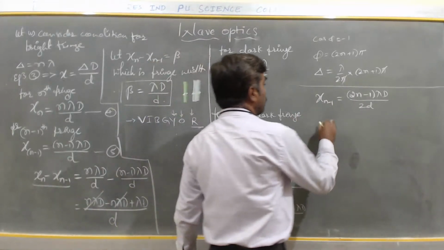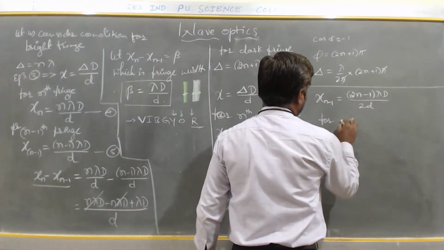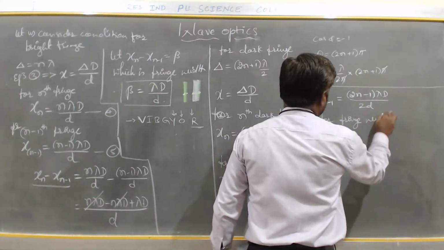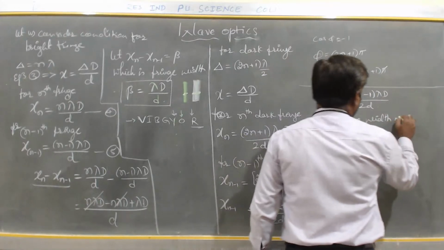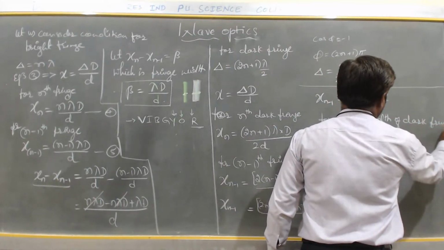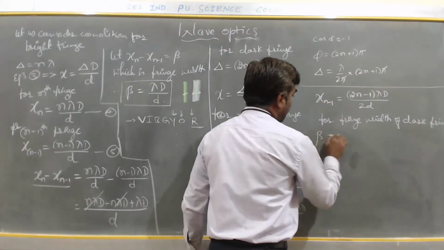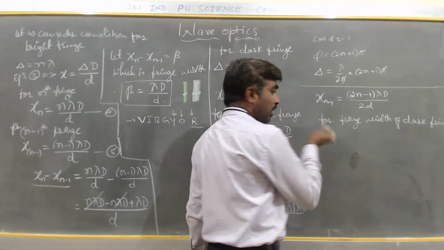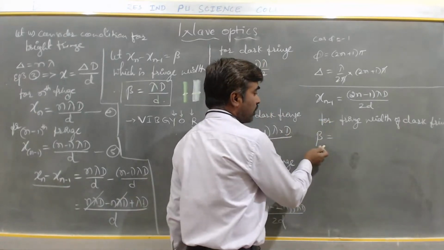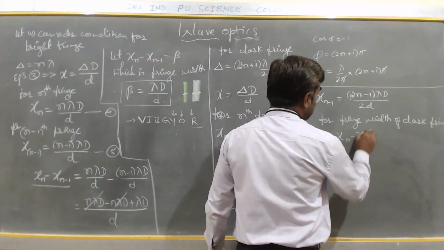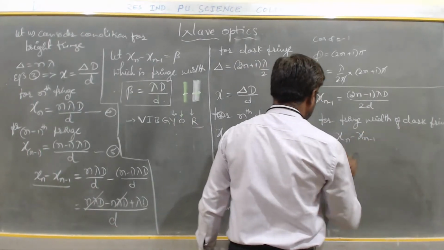Now for the fringe width of dark fringe, that is beta again. I will take only beta, not dark and bright, as beta D for dark and beta B for bright. Only beta I am writing. It is xn minus xn minus 1.